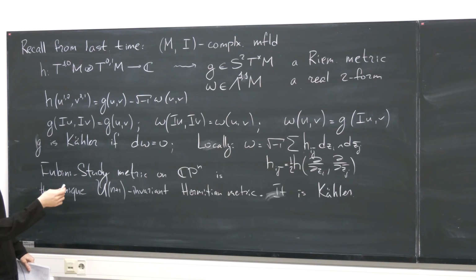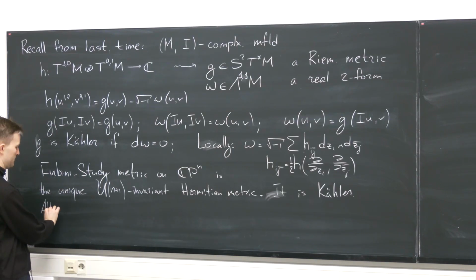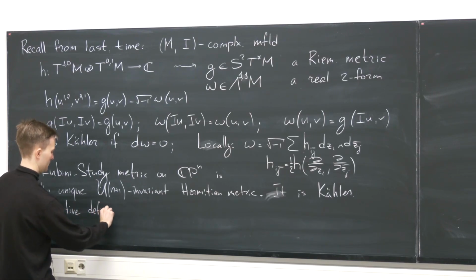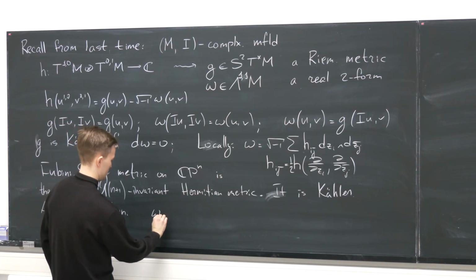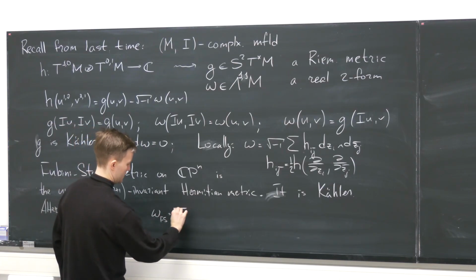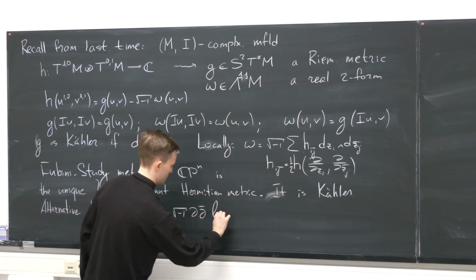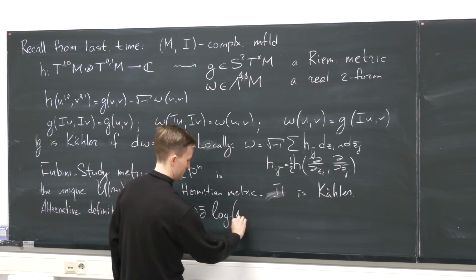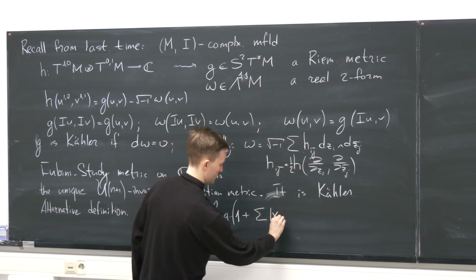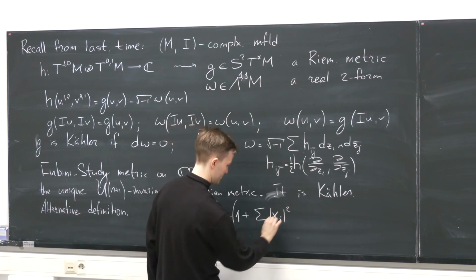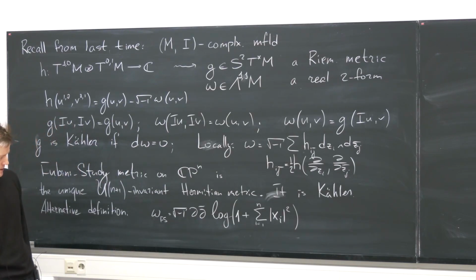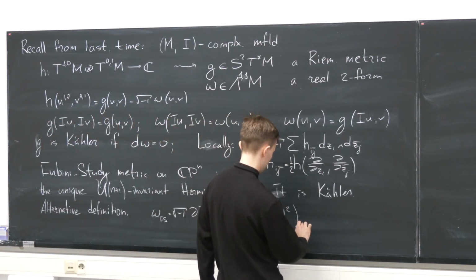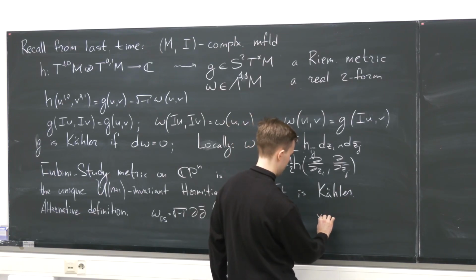One can write down the formula for this Fubini-Study metric. It is the imaginary unit times del bar of the logarithm of the following expression, where x_1, ..., x_n are coordinates on C^n.